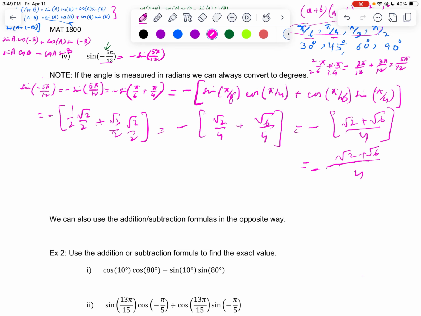So for example, this 5 pi over 12 was how many degrees? We can multiply it by 180 over pi. The pi and the pi cancel out, and you will get 75 degrees. And we know that 75 degrees we can write as 30 degrees plus 45 degrees, which means you can write it as pi over 6 plus pi over 4, and that's what we got. Okay.